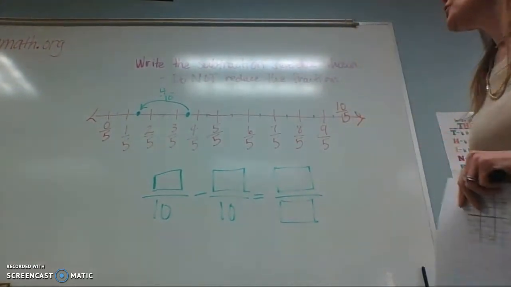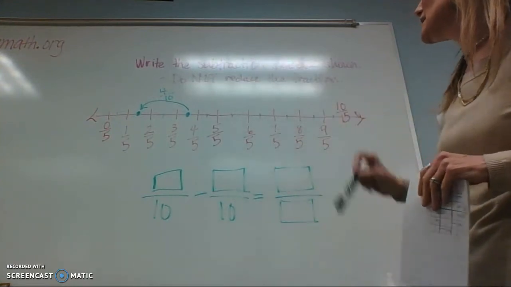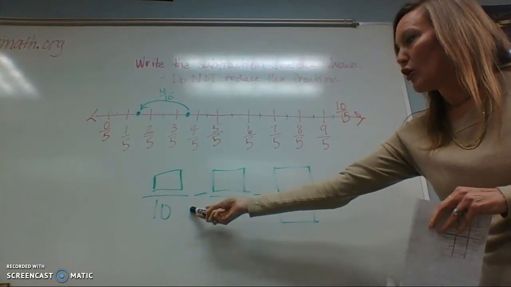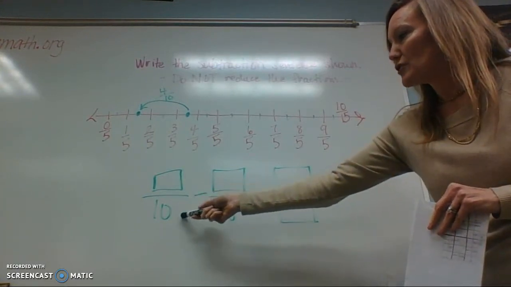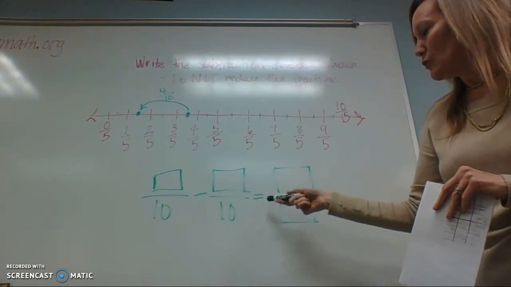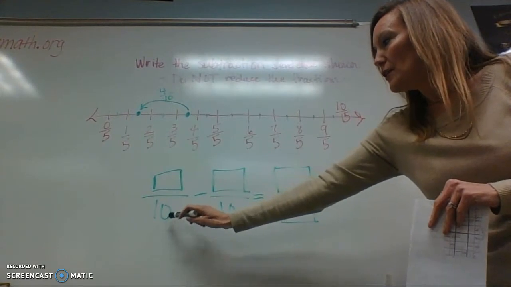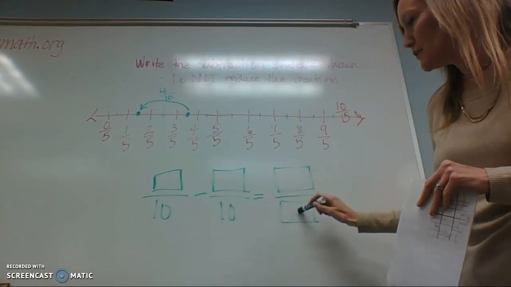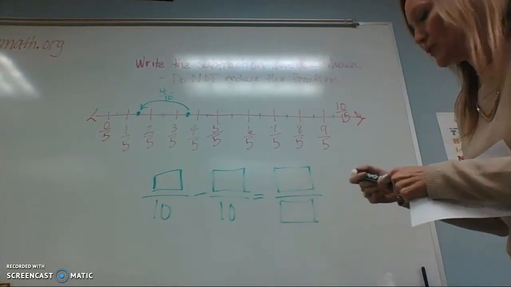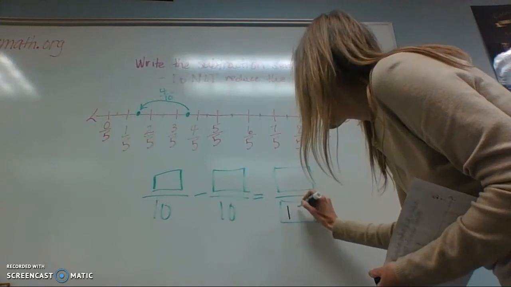Okay, so the first thing that we know is we're going to be writing a subtraction sentence, okay? And I noticed that it gave you some of the format already. It's a fraction over 10 minus another fraction over 10 equals, and then you had to find the answer. So the first thing that we already know is that this bottom number, and I think you already had that in there, is definitely going to be a 10 because we're working in tenths here.